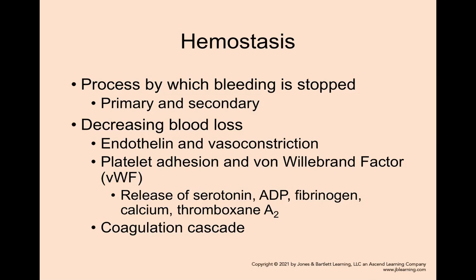Thrombin then activates, going back up, factors 11, 8, 5, and 7. All fibrinogen becomes fibrin. The fibrin strands attach to the platelet plug, which is factor 8, resulting in a fibrin meshed clot. Once the fibrin mesh clot is there, the whole clot is formed.